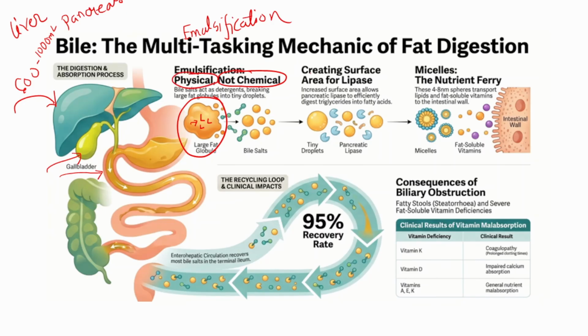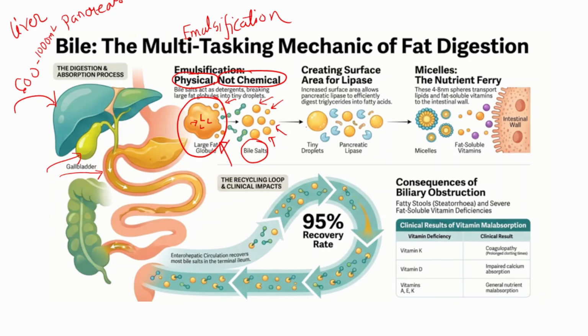The amphipathic bile salts surround the large fat globules. This globule we're pointing at, the bile salts act like detergents to physically break it apart into tiny droplets. This yellow fat globule is broken down into tiny droplets here, and as a result the surface area increases.